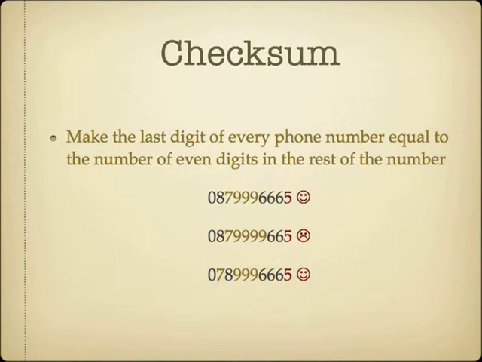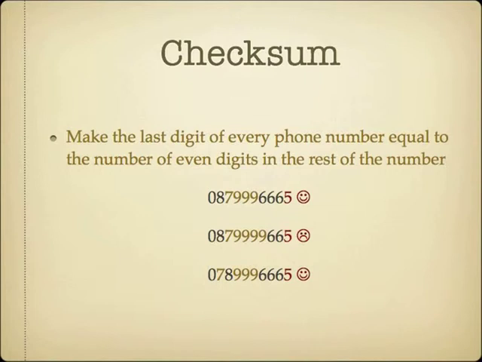So a number like 087 999 666 would have 5 even digits in it up to that point. And so then the last digit should be 5. So the number would be 087 999 666 5.